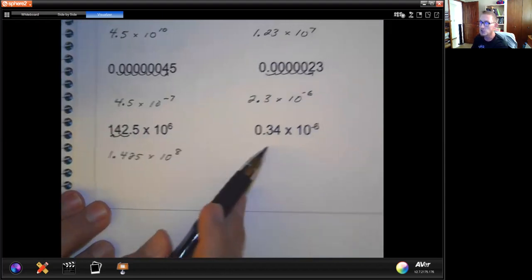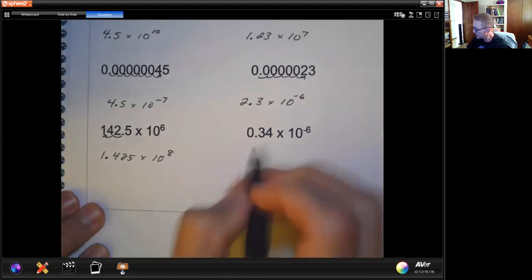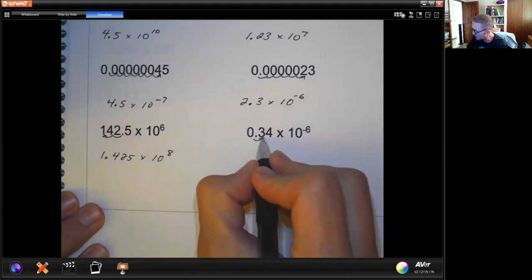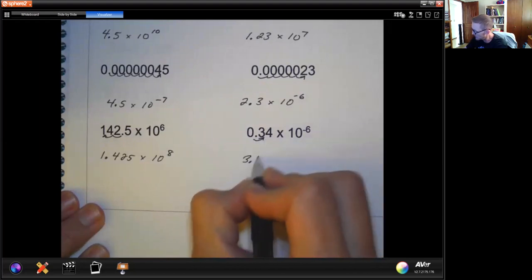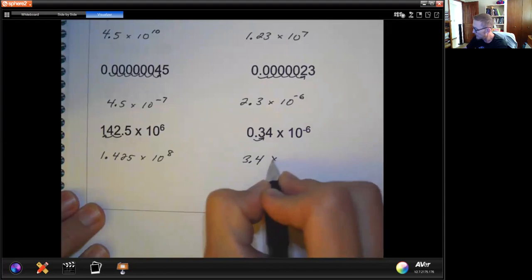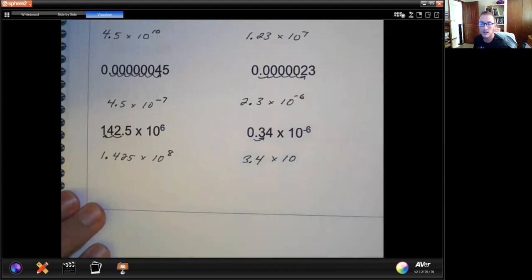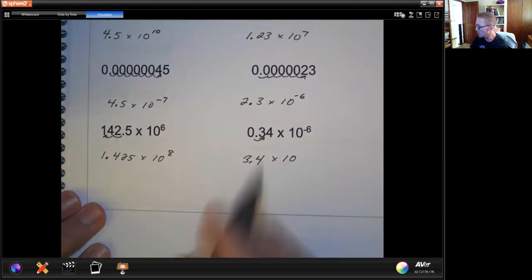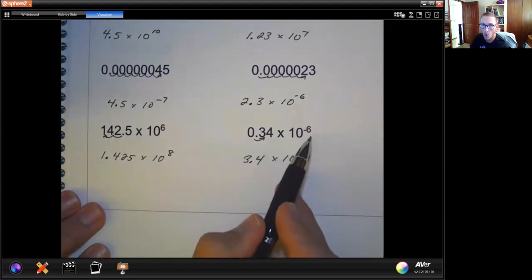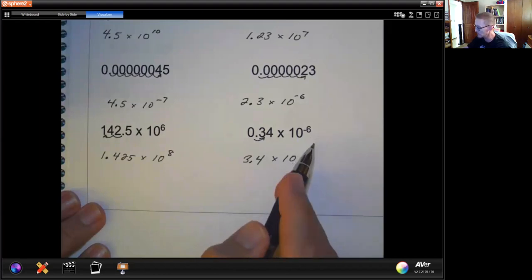This number is smaller than 1, so the decimal has to move backwards 1 time to make it 3.4 times 10 to the, it was -6. The number was smaller, so it has to get smaller. Well, I moved it 1 time, so what is one number smaller than -6?